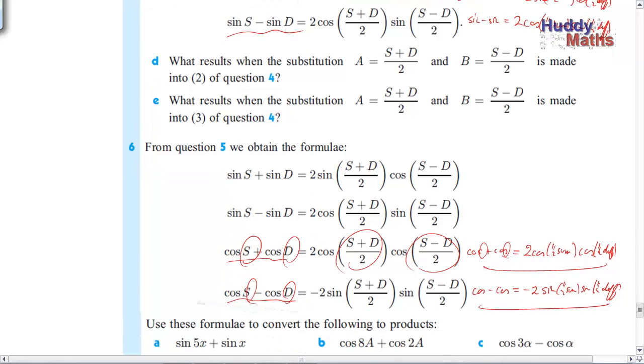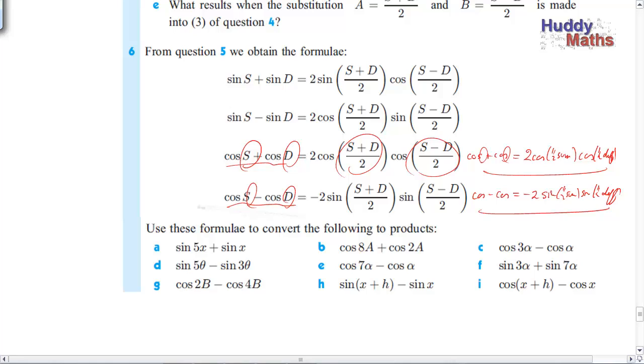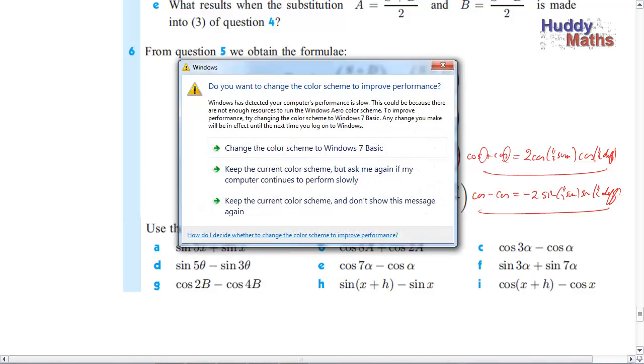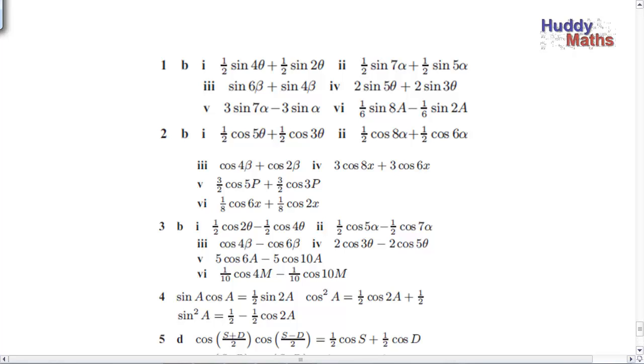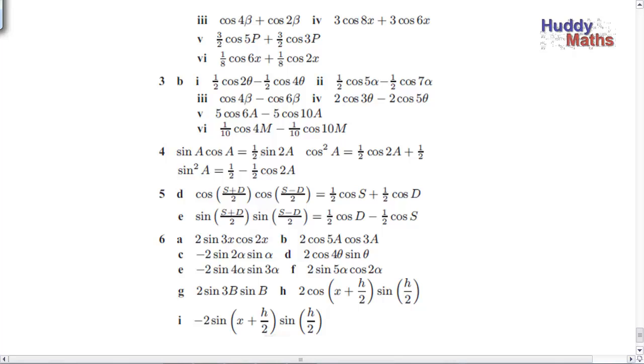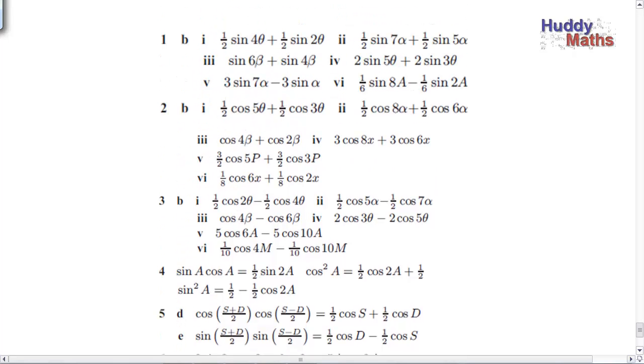But now I want you to use them to convert these to products. Okay, so go back and try and change those to products. All right, let's just get rid of that. Let's go down and have a look at the answers now. And there we have it. Almost. I'll just go back here a bit.